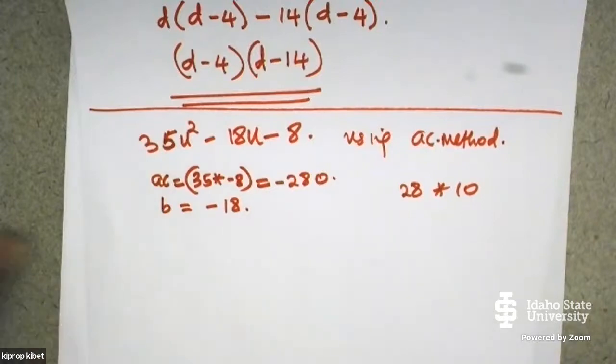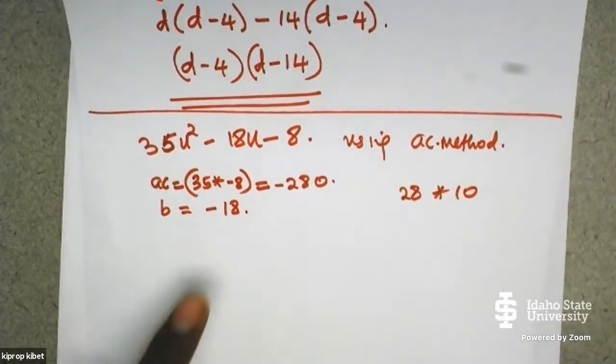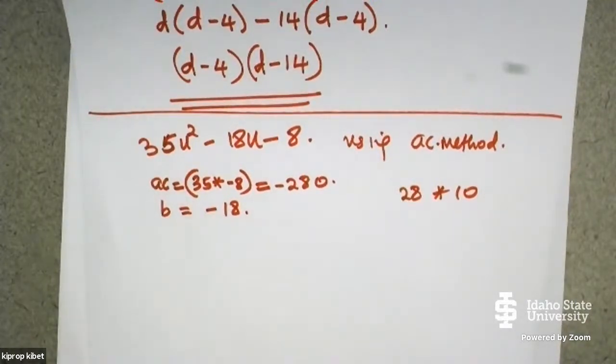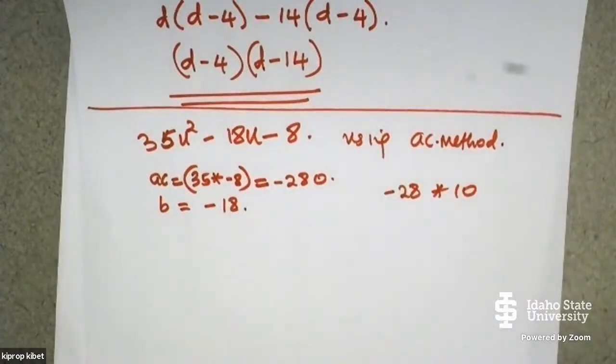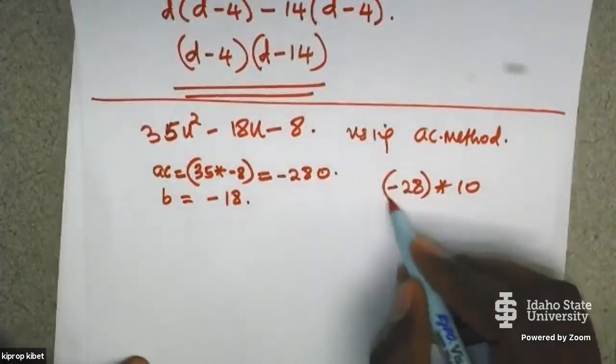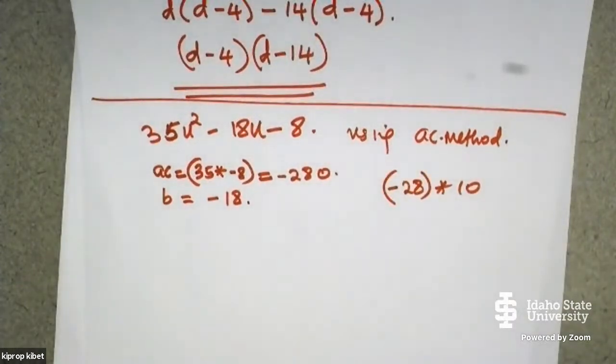Which one should be negative here, so that you can get a negative 18? It's the smallest, right? The smallest should be negative. So 28 should be negative, so that negative 28 plus 10, you get negative 18.